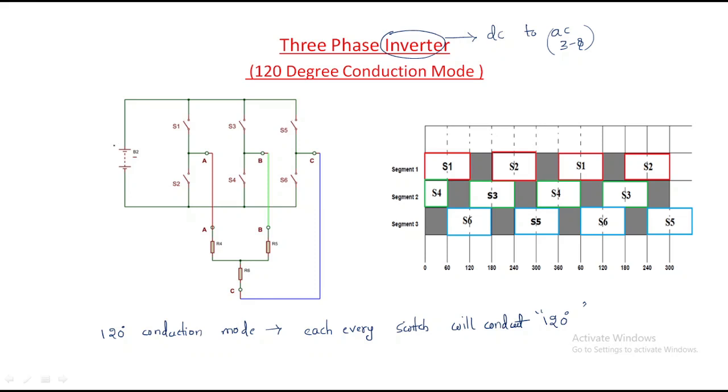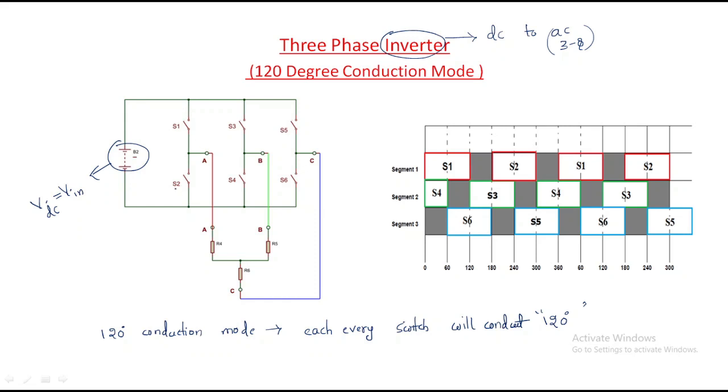This is the DC voltage, and this DC voltage is nothing but the input voltage. We have to convert this DC voltage into three-phase AC voltage.